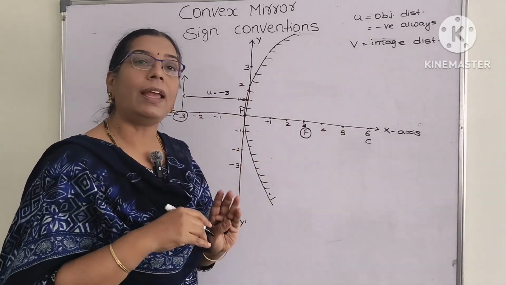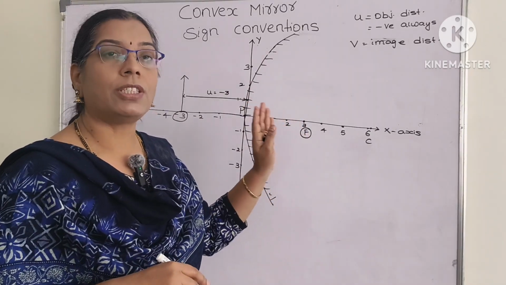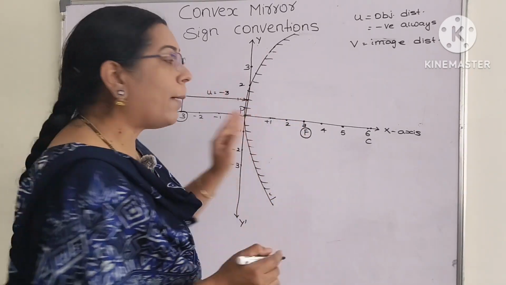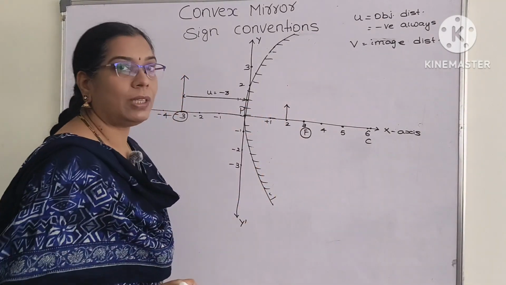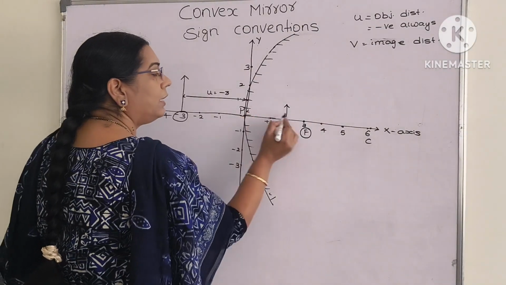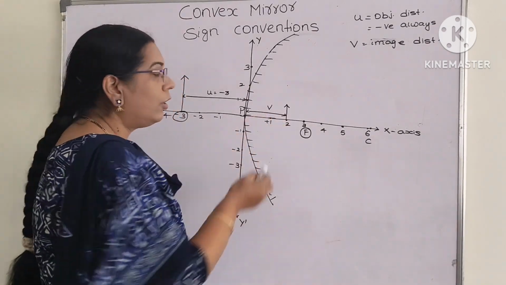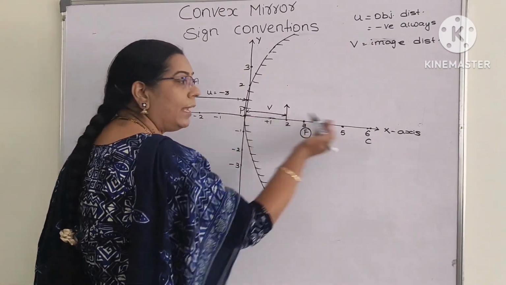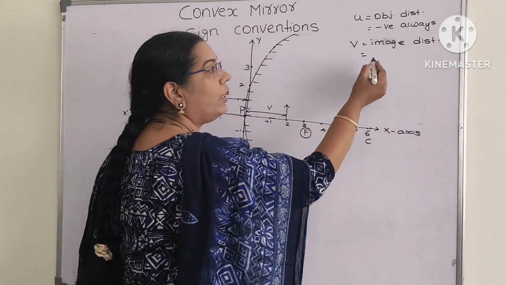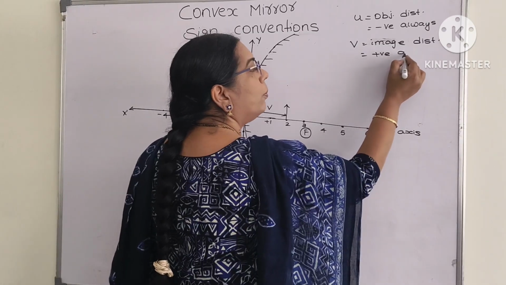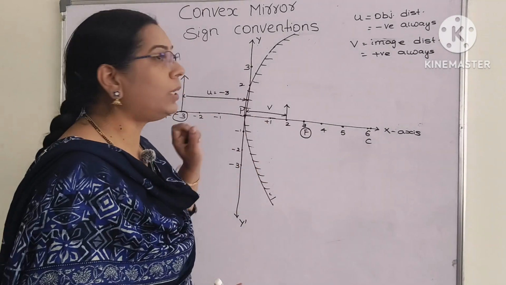Whenever an image forms behind the mirror, it is called a virtual image, and a virtual image will always be upright or erect. The distance from the image to the mirror is called v. It is lying on the positive x-axis, so the sign of v will always be positive because a convex mirror always forms a virtual image.